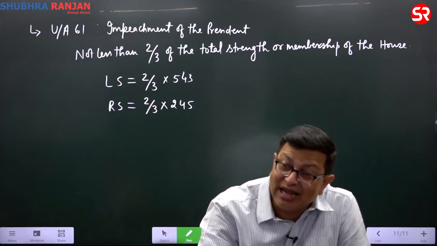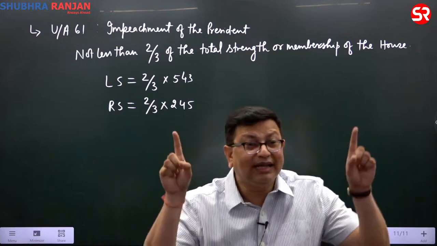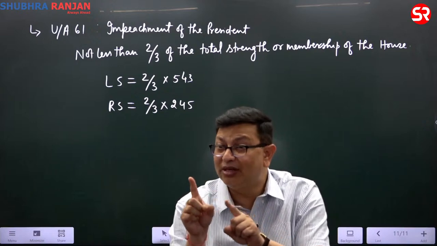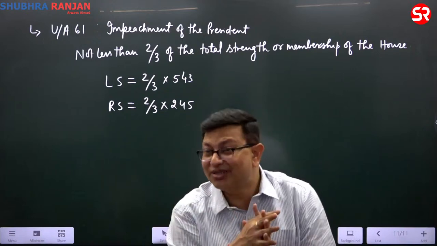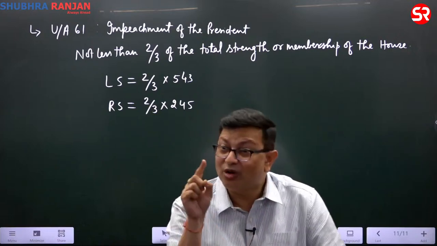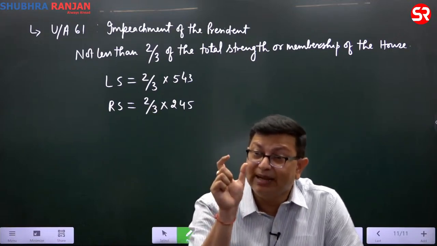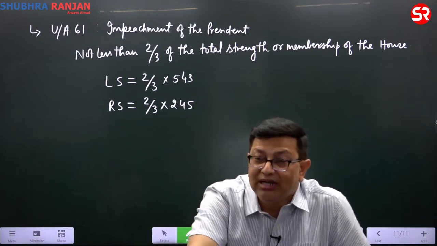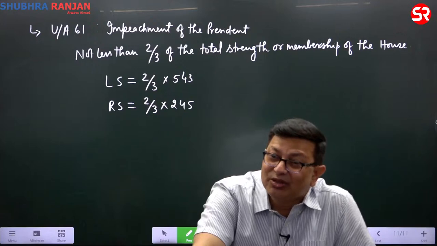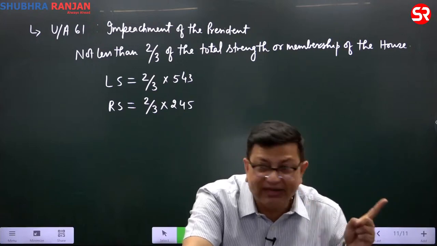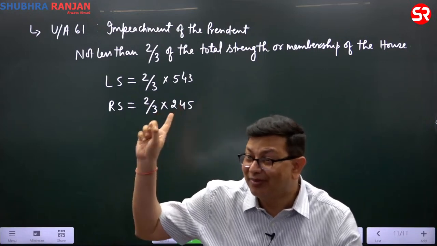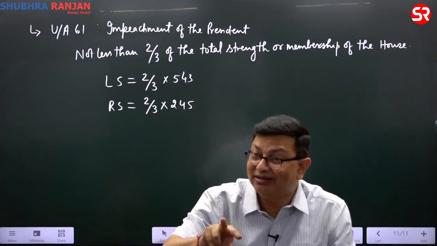That is why in that context, the word impeachment is used even for the judges of the Supreme Court as well as for the high courts. But constitutionally, the word impeachment has been used only for the president. And not only this, the majority is different in case of impeachment and in case of removal. Then grounds are also different.